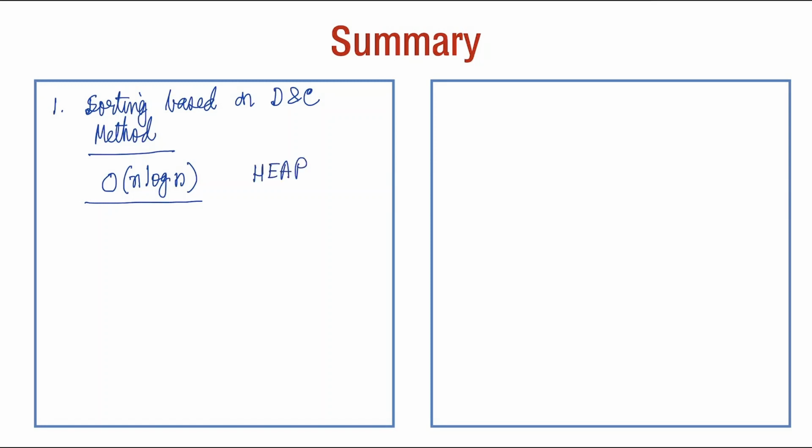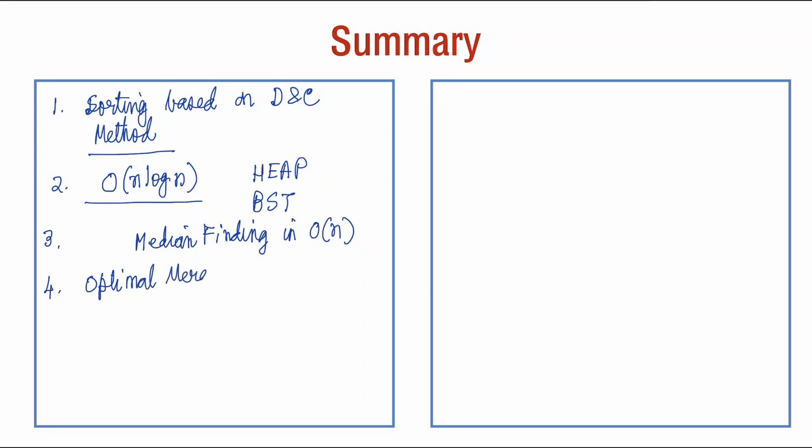We required a heap data structure, sometimes we required a balanced binary search tree data structure. We also saw that we need to find median finding in order n time to compute quicksort. So this is another problem that came up, whereas we also saw the optimal merge sequence problem. Yielding to a greedy algorithm.